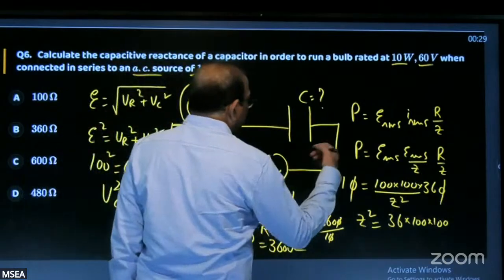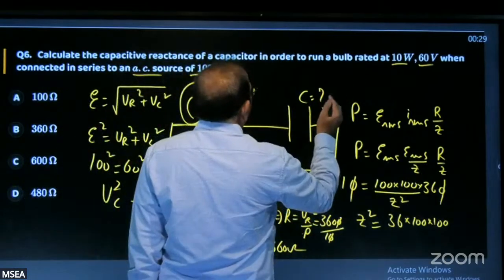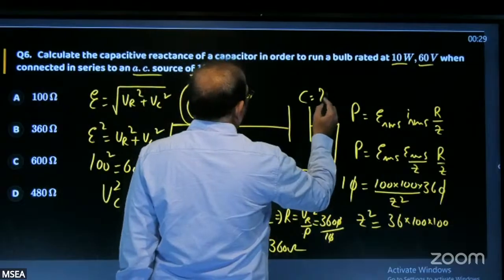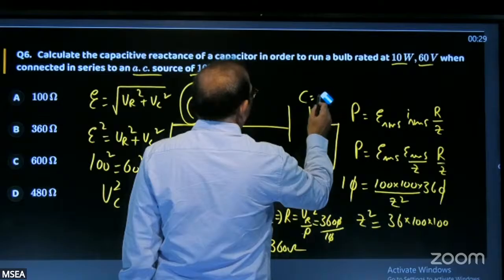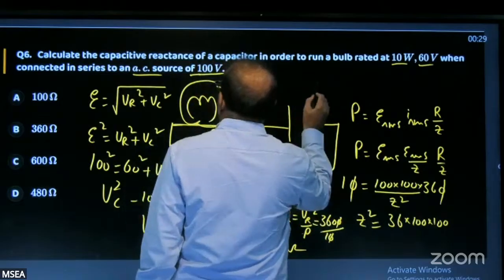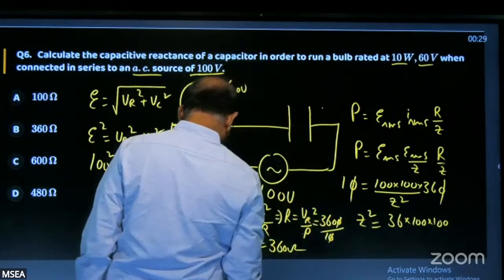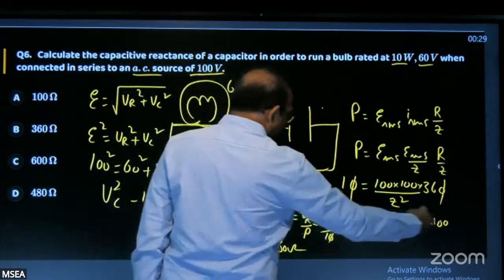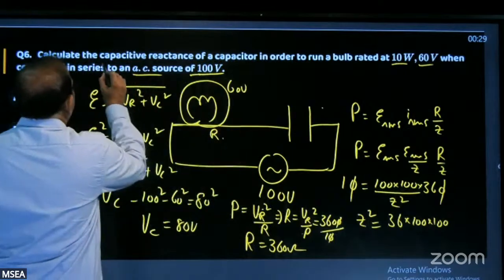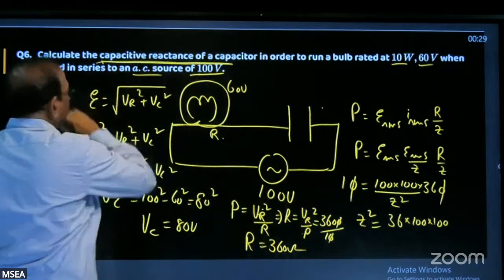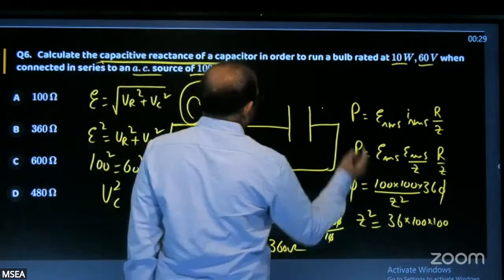What is C now? He is asking the capacitive reactance. What is Z square?